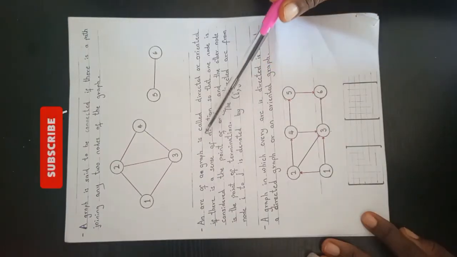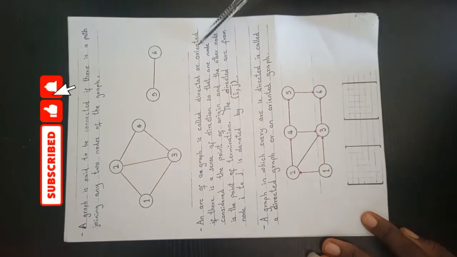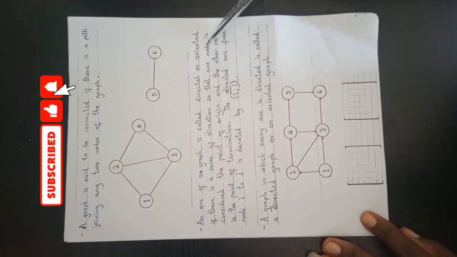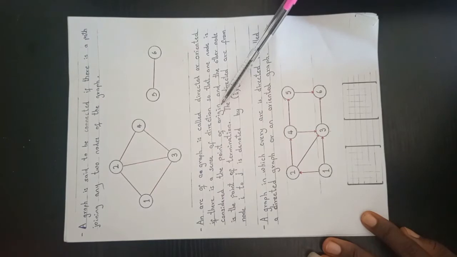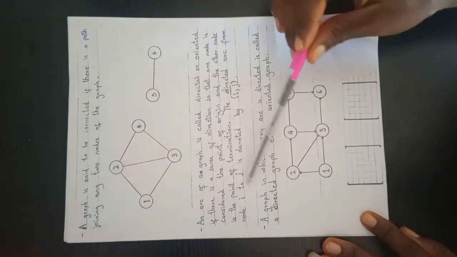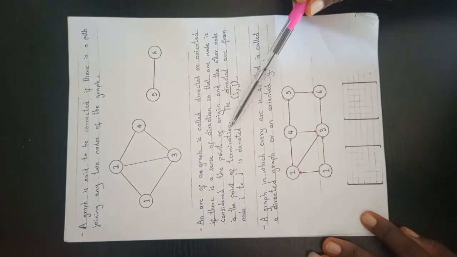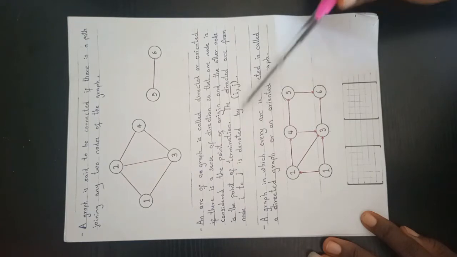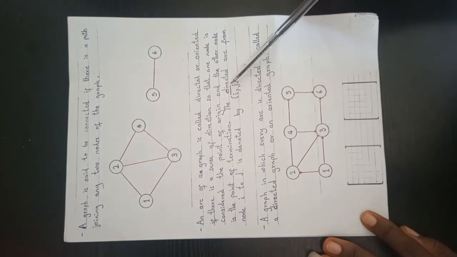An arc of a graph is called directed or oriented if there is a sense of direction, so that one node is considered the point of origin and the other node is the point of termination. The directed arc from node I to node J is denoted by I, J bar.